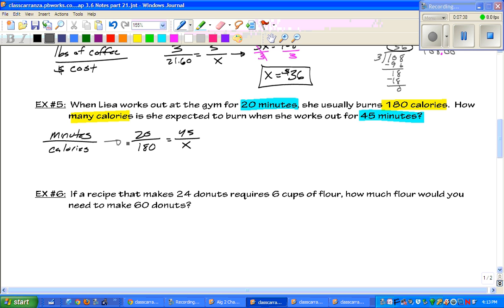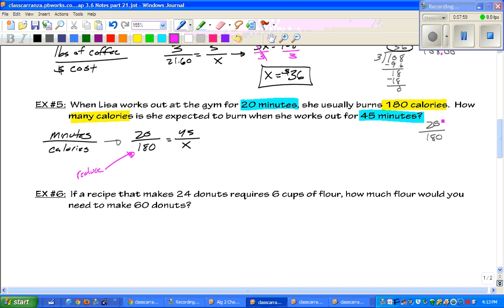Now, if you were to multiply this out, you would start getting some big numbers. So what we're going to do is show you a shortcut right here where we can reduce. Now, 20 over 180. Can we reduce that? We can.